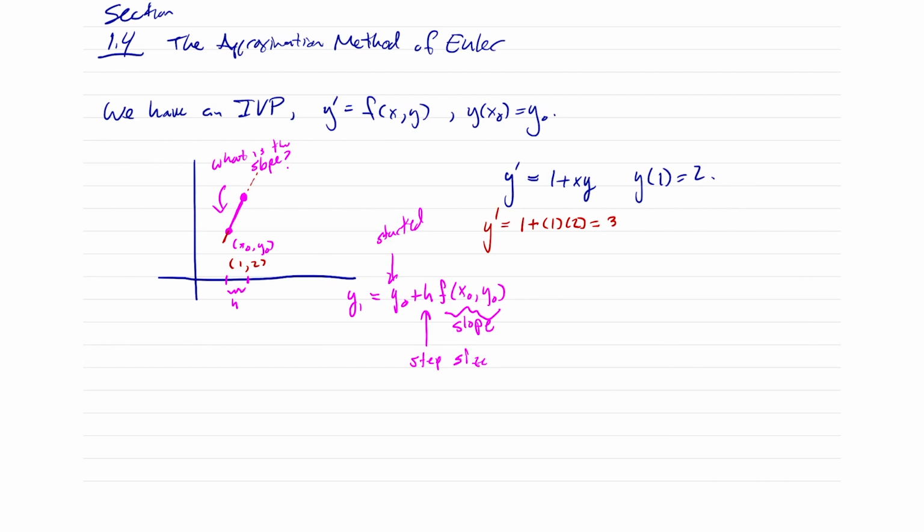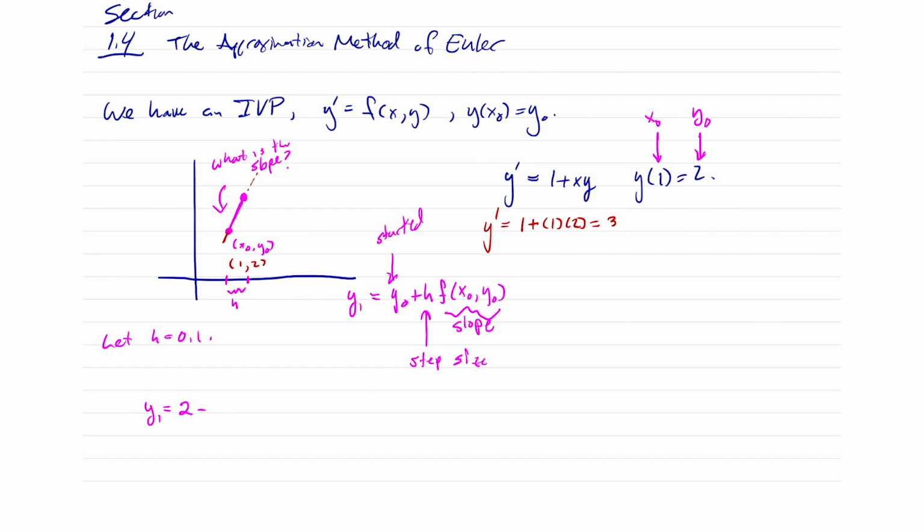So let's pick h to be, we're going to let h be equal to 0.1. This is sort of a typical value we're going to use. And now let's see what happens. So basically y1 then is going to be where we started. And so we started at 2, that's this guy, say y0, and this is at x0.